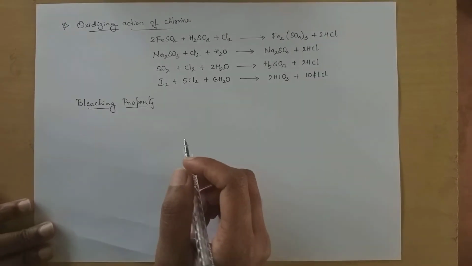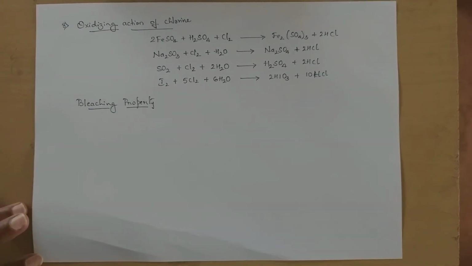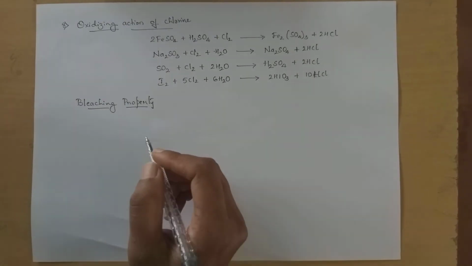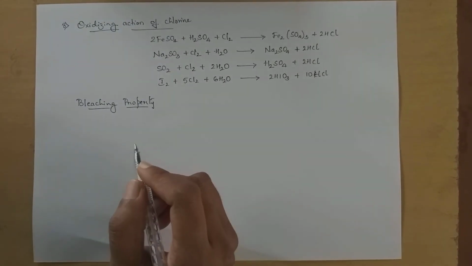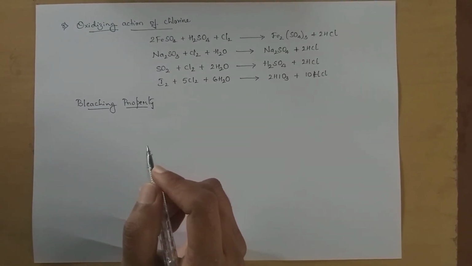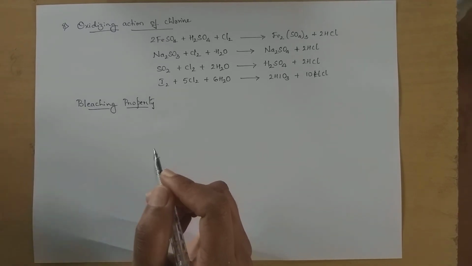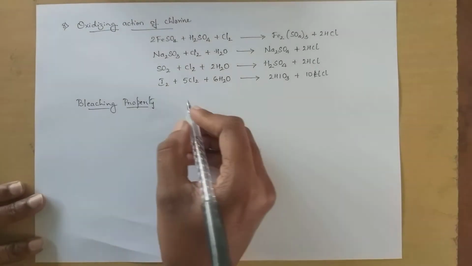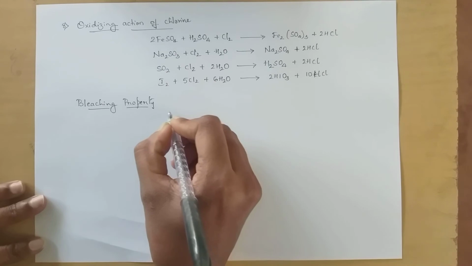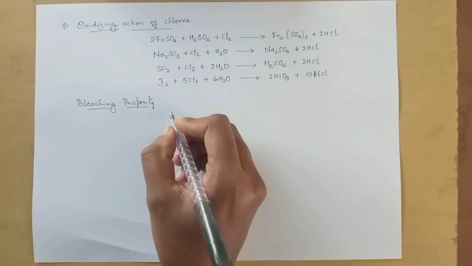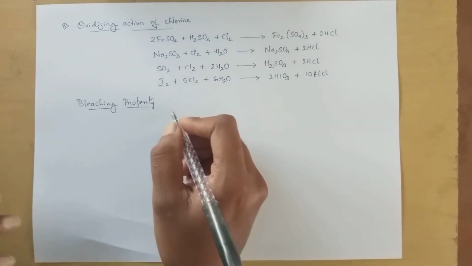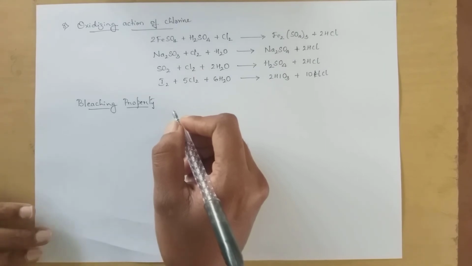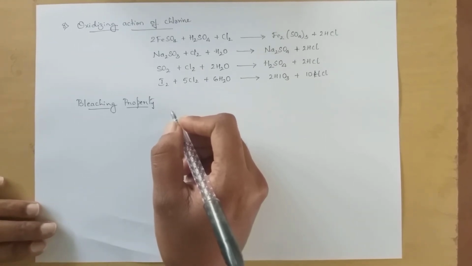So coming to the next property, that is bleaching property. Chlorine acts as a powerful bleaching agent, that is due to presence of nascent oxygen. So due to presence of nascent oxygen, it acts as a good oxidizing and bleaching agent.